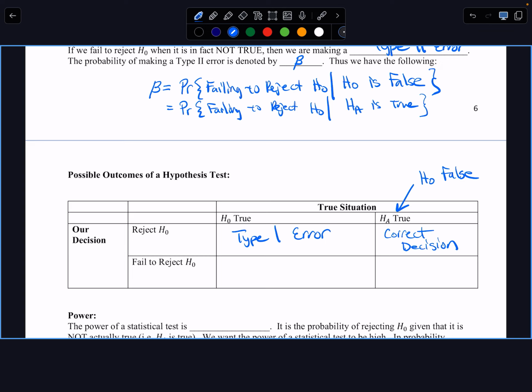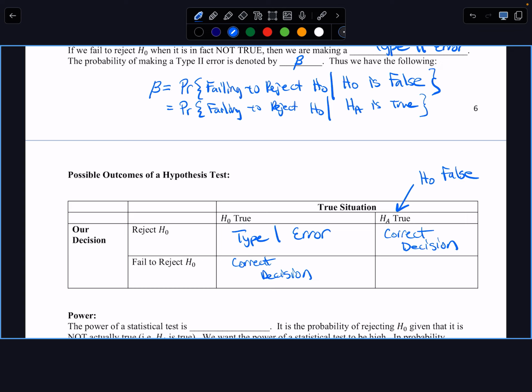Similarly, failing to reject. We don't like to say accepting the null hypothesis, but if our null hypothesis is true and we fail to reject, that's a good thing. We've made a correct decision. But if we fail to reject the null and our null hypothesis is actually false, the alternative is true, we always want to reject here when an alternative is true.